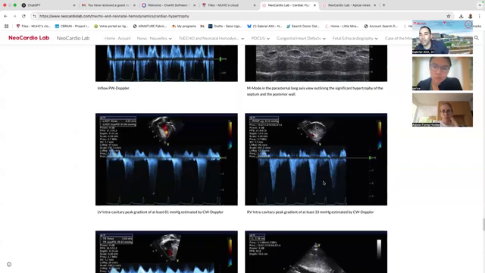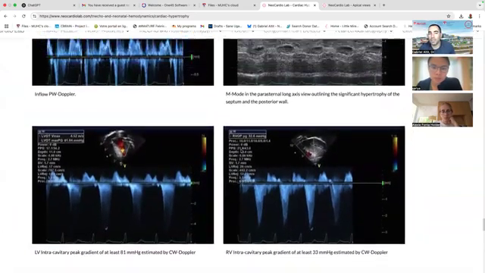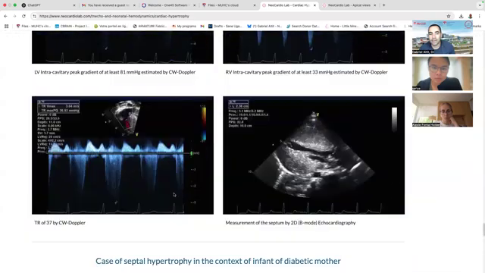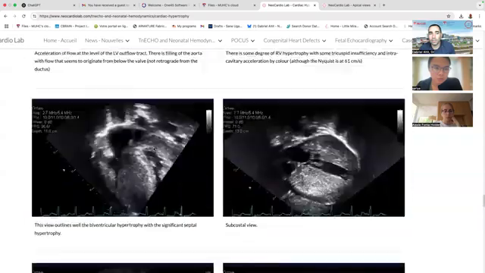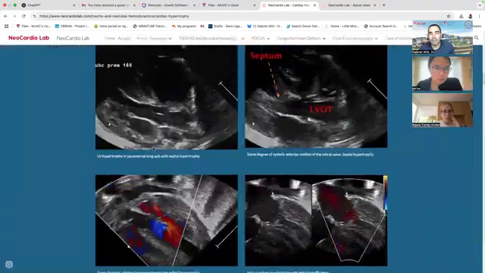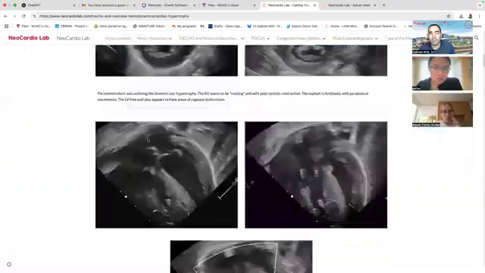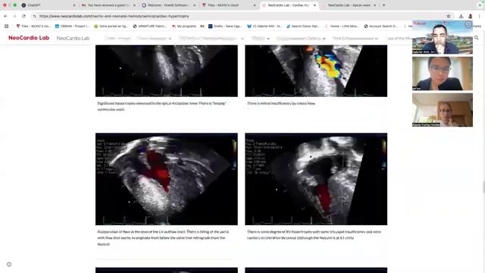One thing that's very common in patients with hypertrophy or some degree of intracavitary obstruction is that they get these kind of sawtooth Dopplers, especially at the outflow tract obstruction level. Let me see if I have an example here.